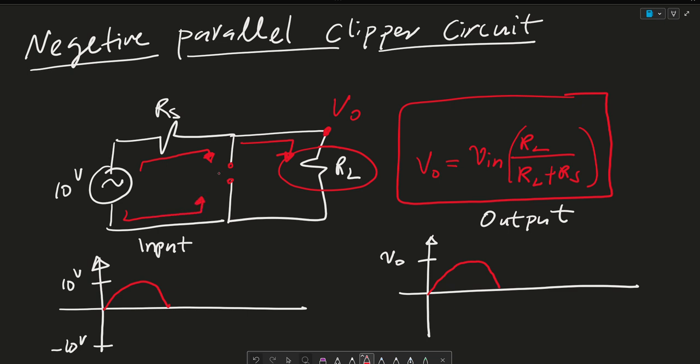In the other direction, this is now going to act as a forward bias. Let me use a different color. There's going to be a plus or minus 0.7 volt drop, and essentially after 0.7, this is going to act as a short wire.